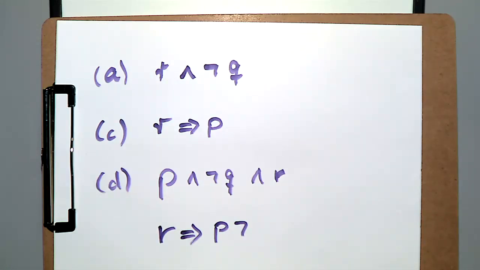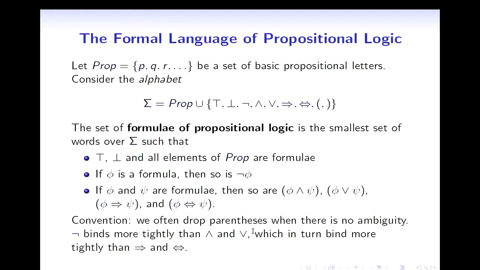This is exactly what this slide here tells us. It tells us that when we want to define what we can express syntactically correctly in propositional logic, we assume that we have a set of propositions like P, Q, and R. And on the basis of these, we use this alphabet for propositional logic.